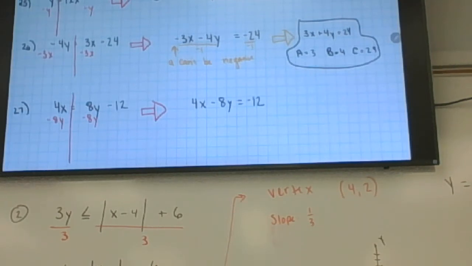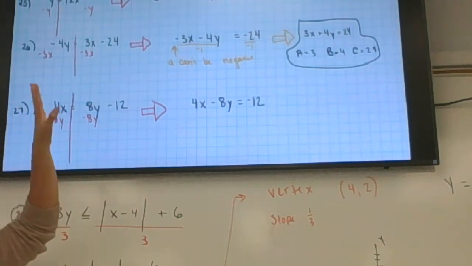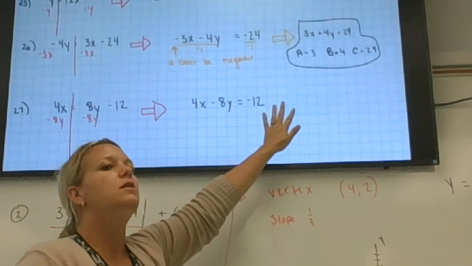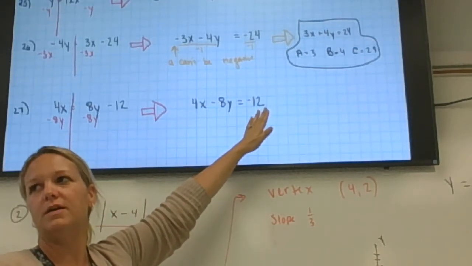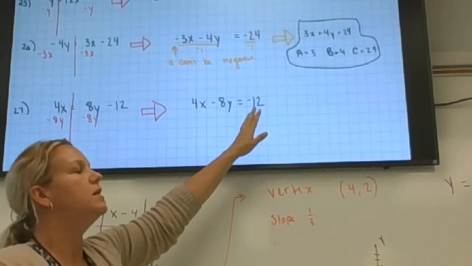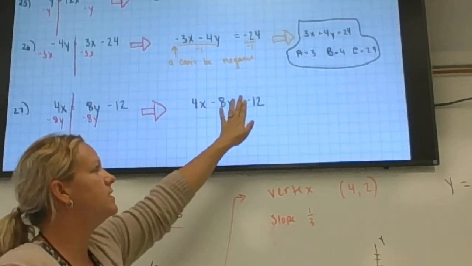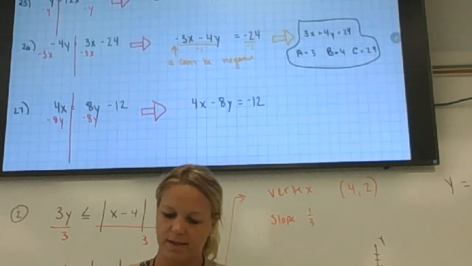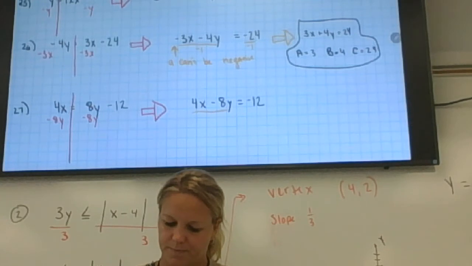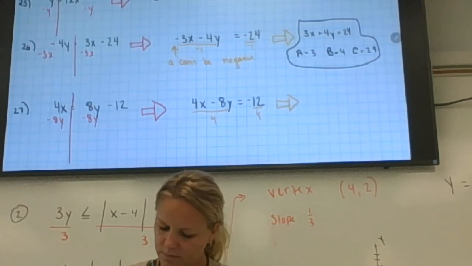So there was a rule, and it wasn't on your quiz. I don't think we practiced it since like the first day we talked about this. But the rule was there shouldn't be a GCF here for a technical standard form. So since everything can be divided by 4, we'll divide both sides by 4 before we identify A, B, and C. So just do what we did.